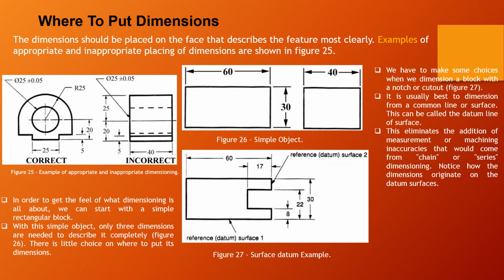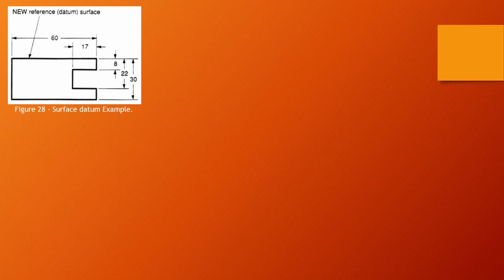This eliminates the addition of measurement or machining errors that would come from chain or series dimensioning. Note how the dimensions are given from the datum surface. Please note here. Let's move on.